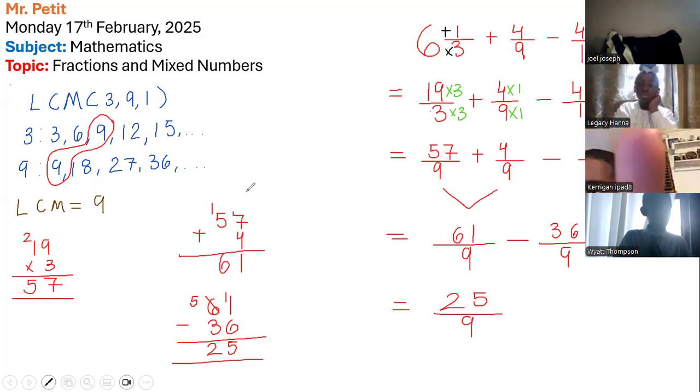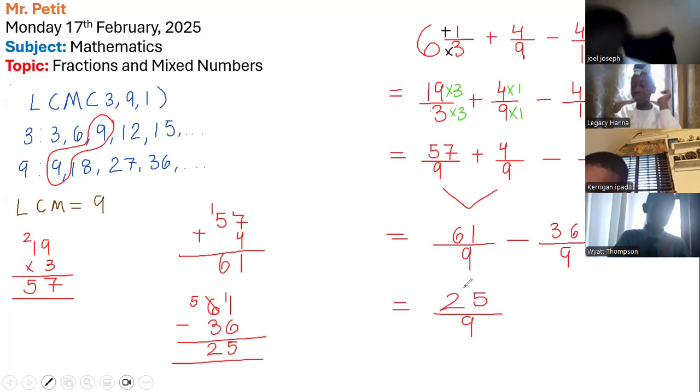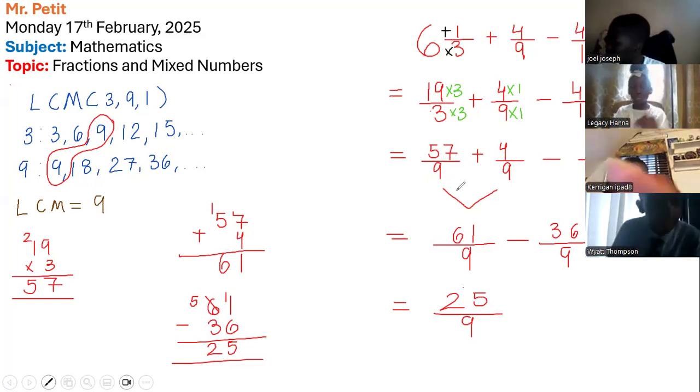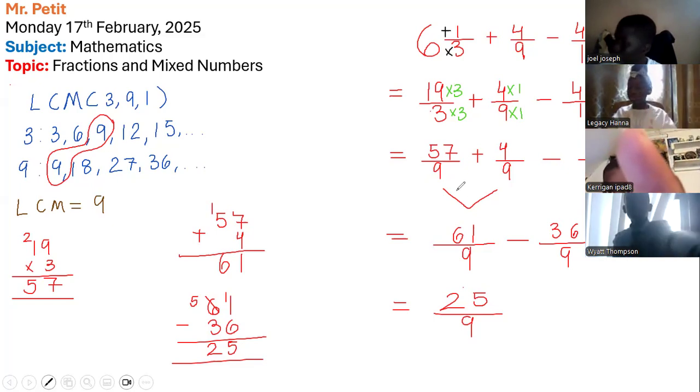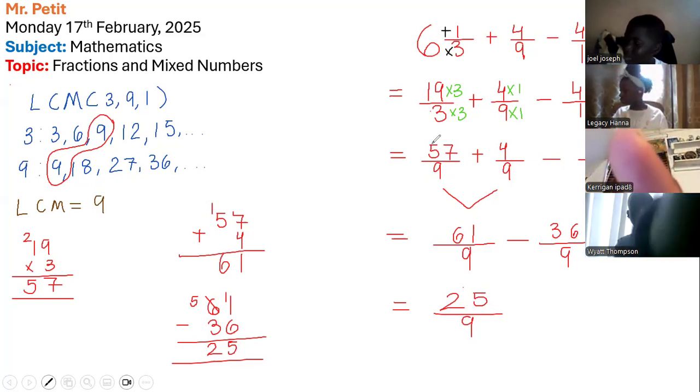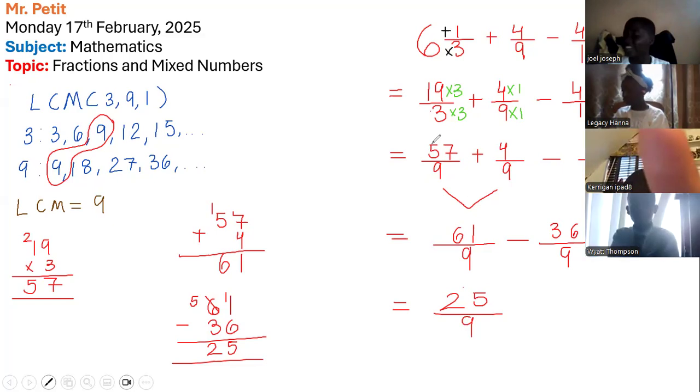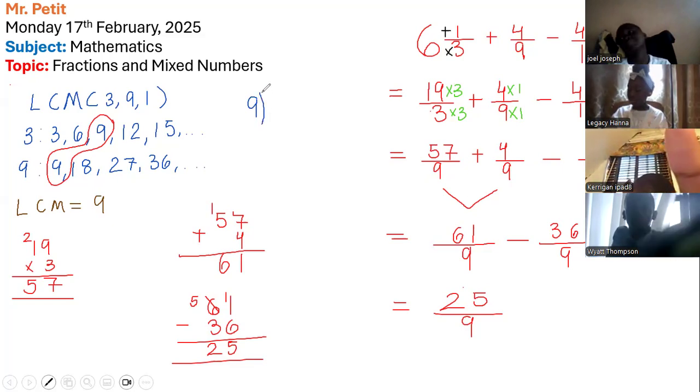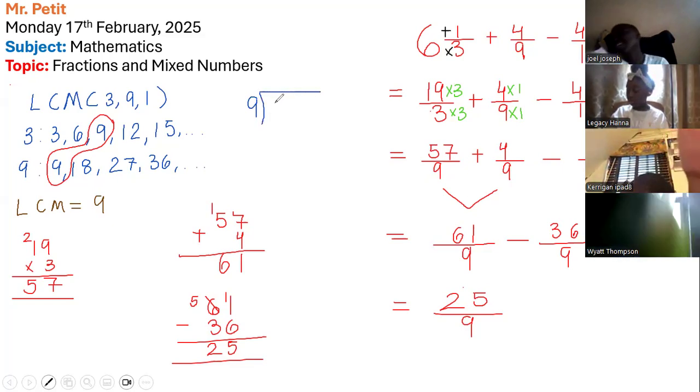Is that it, or can we change this into a mixed number? If we change it to a mixed number, we're gonna say 9 into 25.